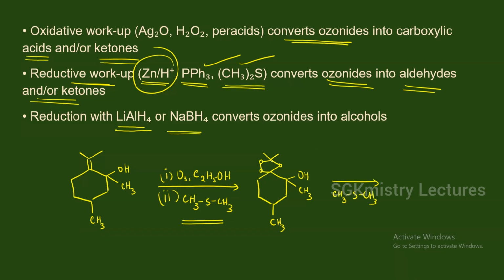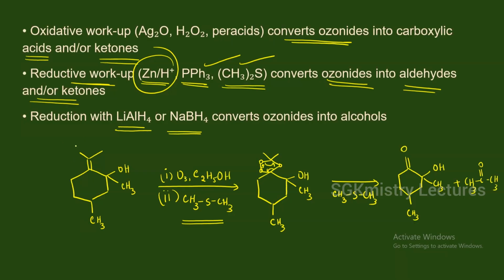Because of that, the shifting of the bonds takes place here and this oxygen is removed. So you're going to get two products, both of which are carbonyl compounds. Here you're going to get double bond O, OH, CH3 and CH3. Along with that, you're going to get CH3COCH3, that is acetone.